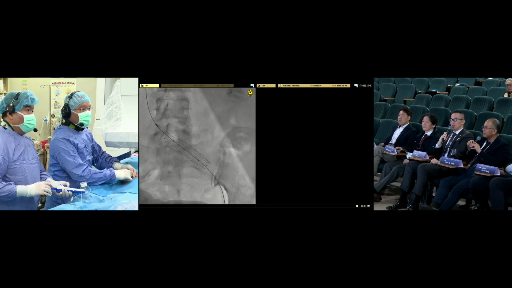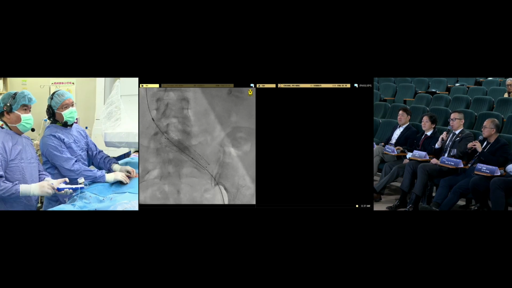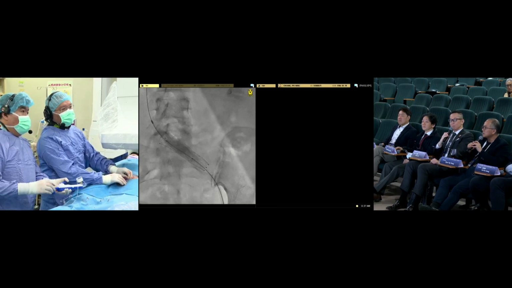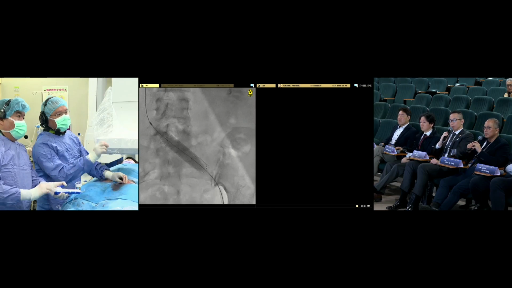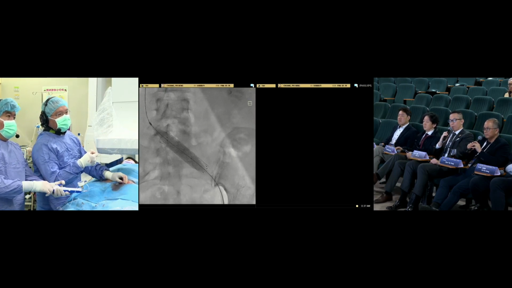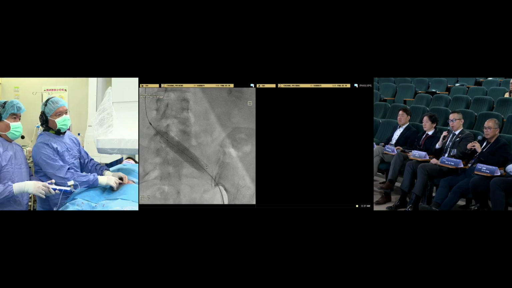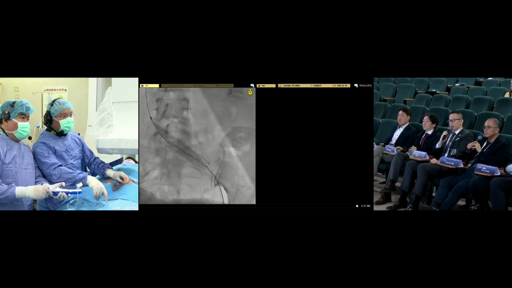What do you guys think? How do you think, Dr. Zhang or Dr. Yan? In this case, I just deploy and see the flare of the stent, and then I pull back a little bit, and if I feel some resistance, then I deploy the rest.